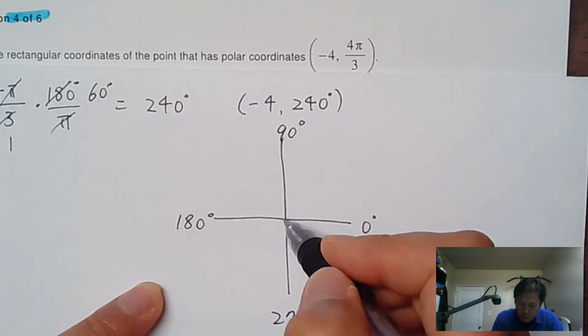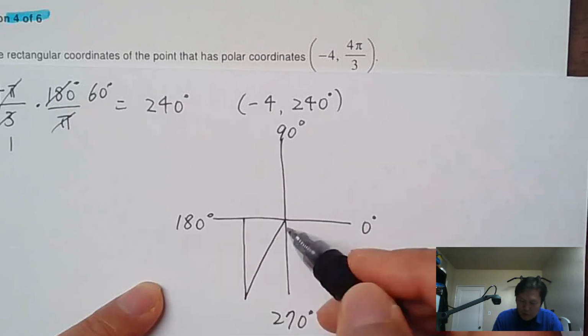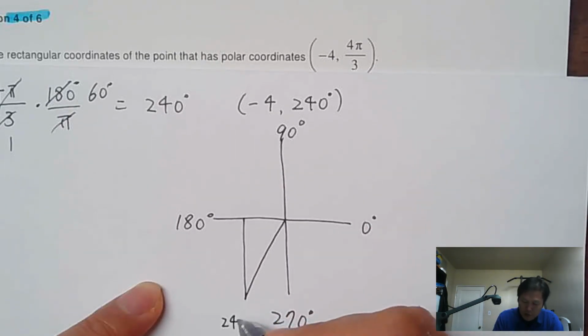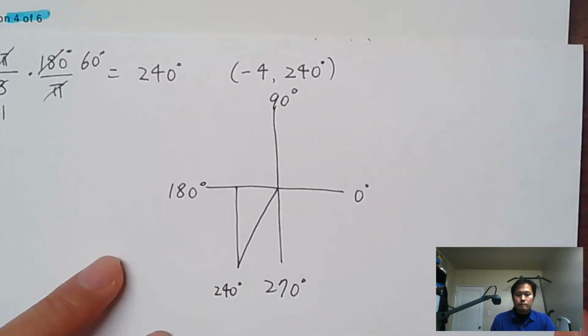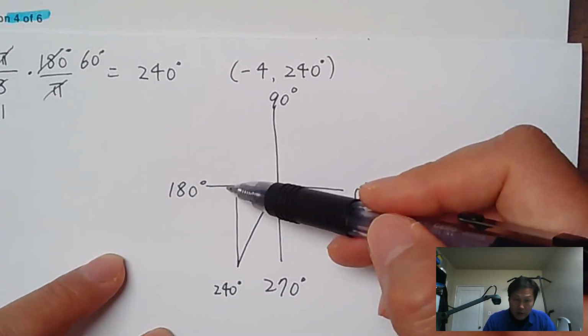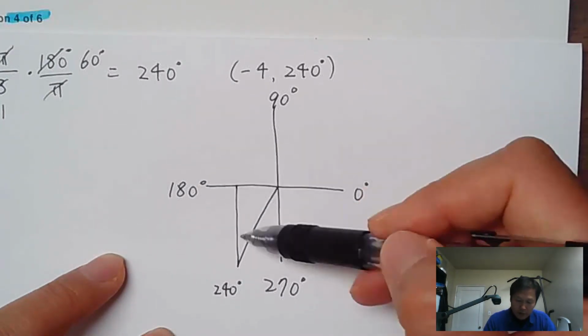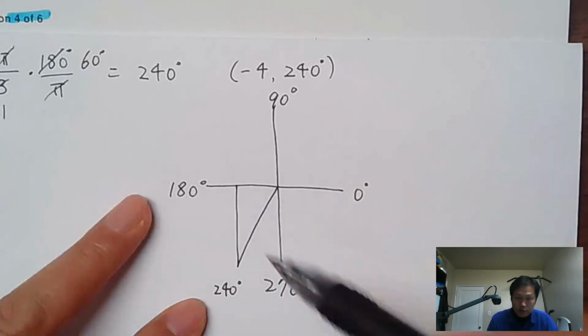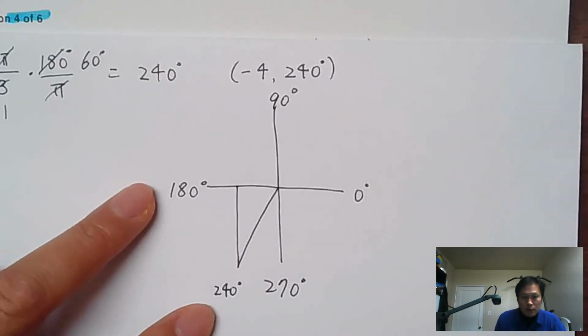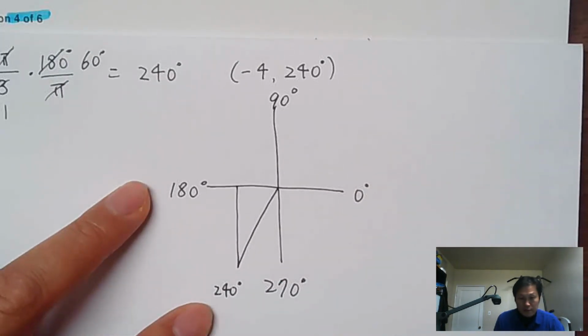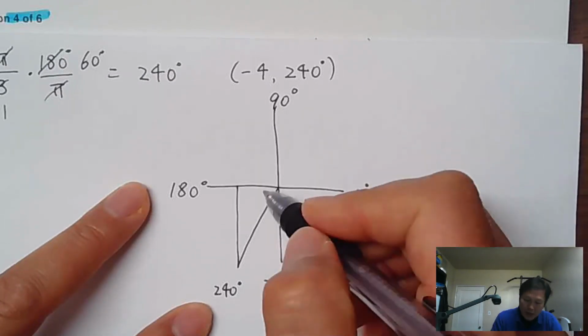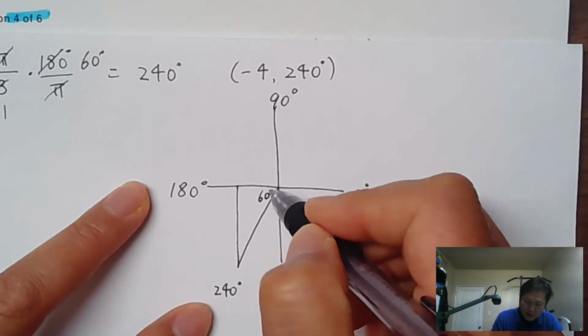So 240 degrees will be somewhere over here. How far did we pass 180 degrees to reach 240? So you subtract 240 minus 180 or 180 minus 240. You will probably get 60 or minus 60. So the angle between here is going to be 60 degrees.